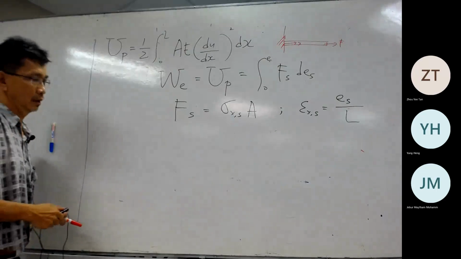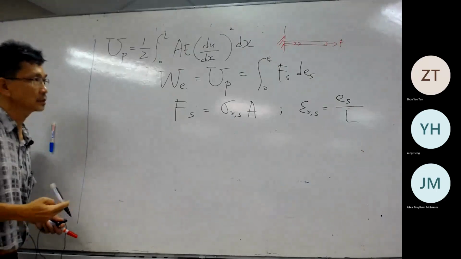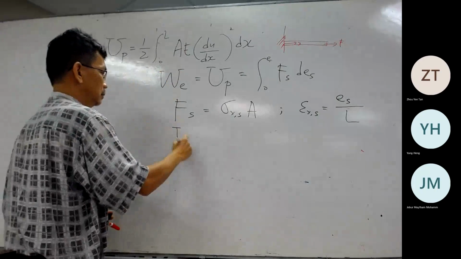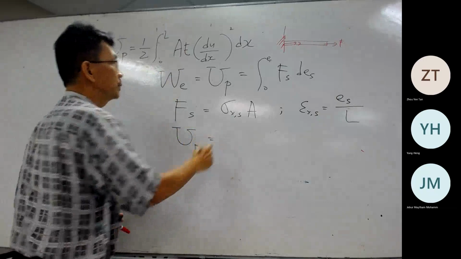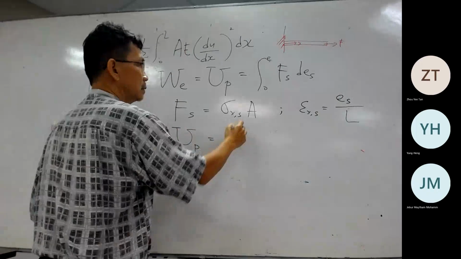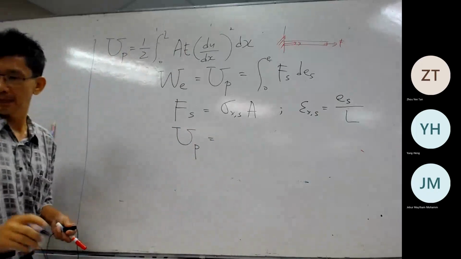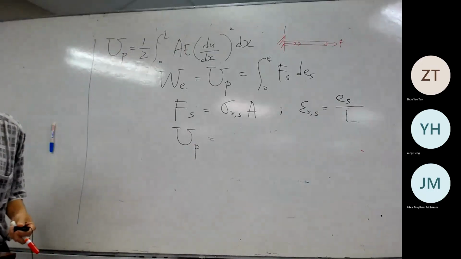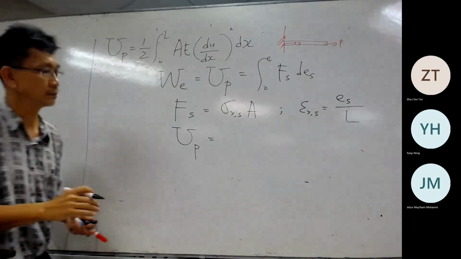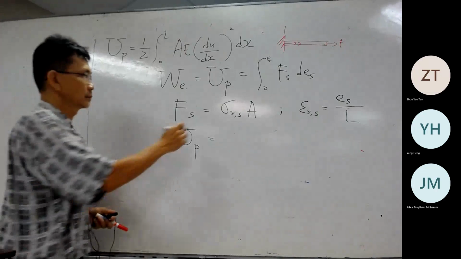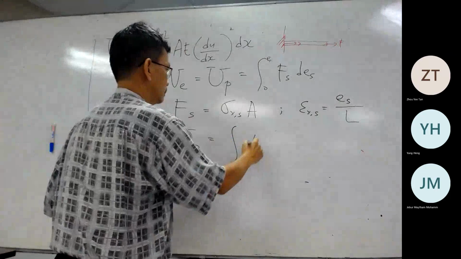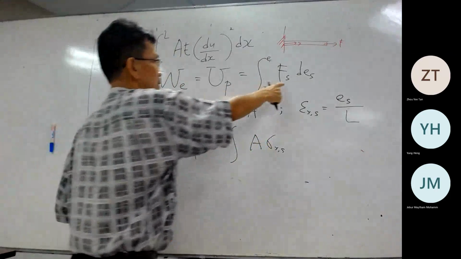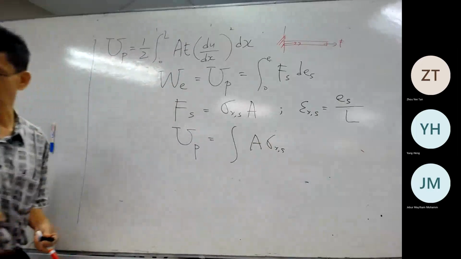So we substitute that into that equation. So we first get Up equal to, we substitute first Fs with A sigma xs.